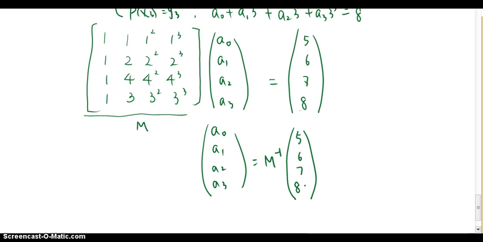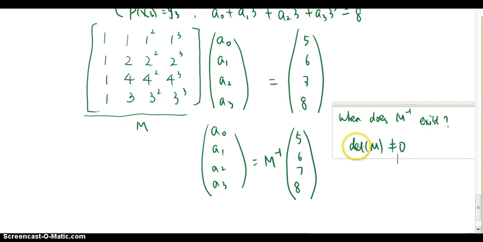If you know what M inverse is. So the question is, when does M inverse exist? To answer this question, you have to know that one sufficient condition for the inverse matrix to exist is the determinant of M cannot be 0.